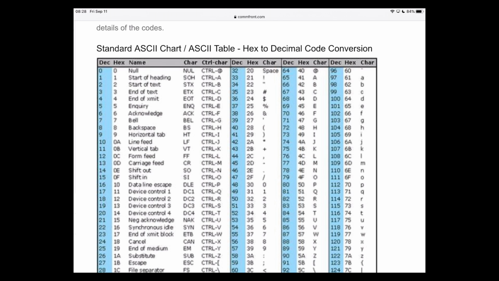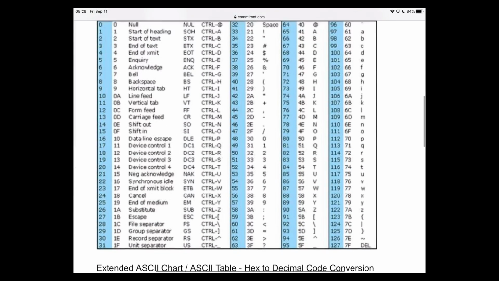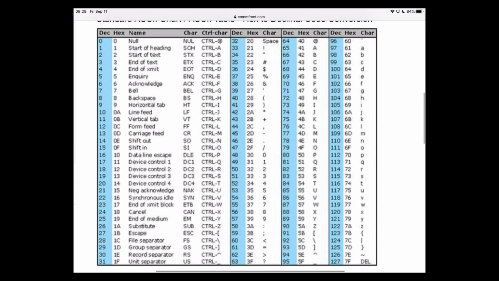If we can do all of the letters, punctuation marks, digits and other special symbols, that should be good enough, right? Got the whole alphabet here.